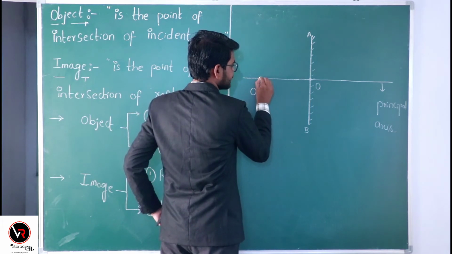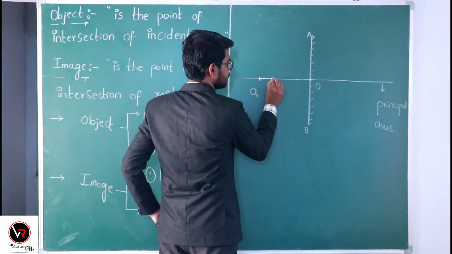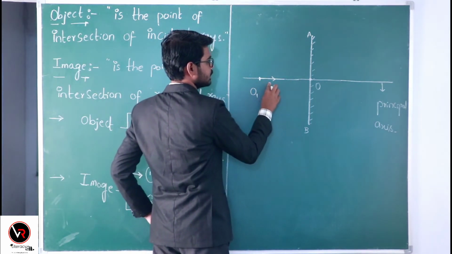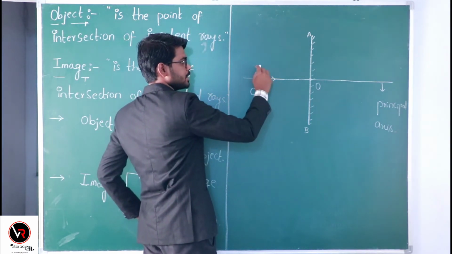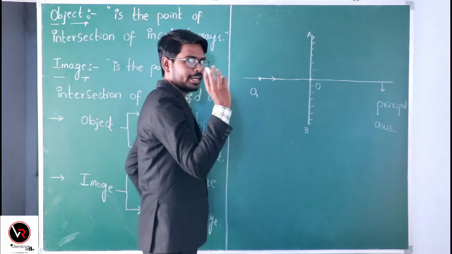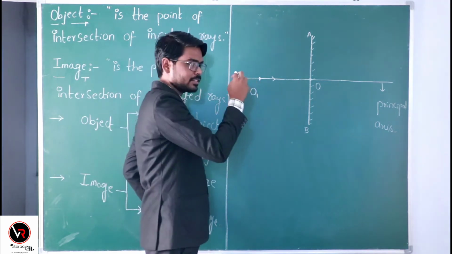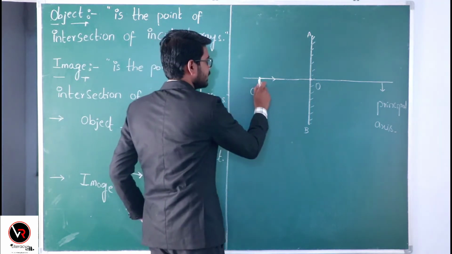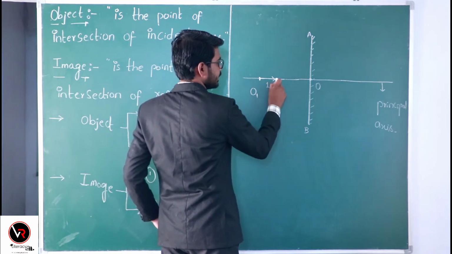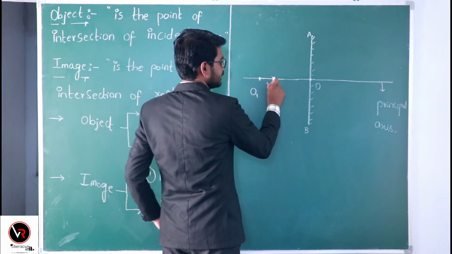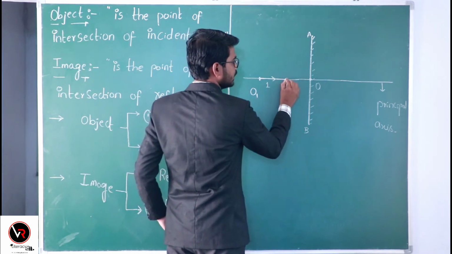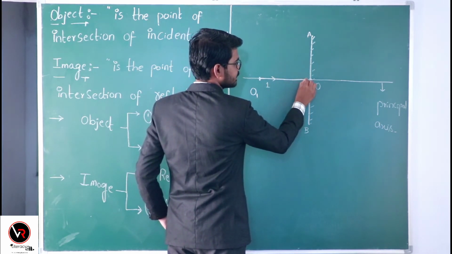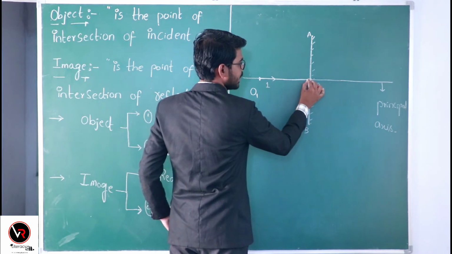Let us extract the first incident ray from this object. In fact, so many rays emerge from this object, but for getting the image, I am extracting just two rays. Let us consider this is the first light ray, which is extracted from this point object O1. It is traveling along the principal axis and strikes the plane mirror normally.